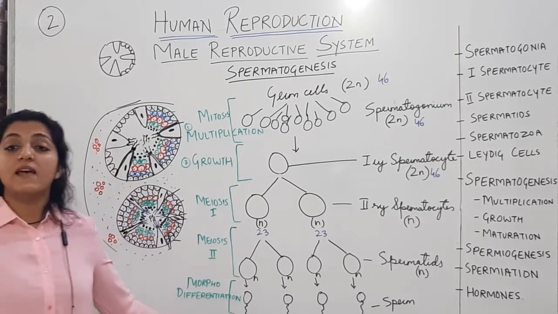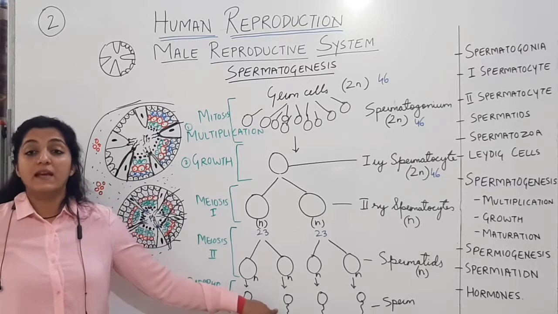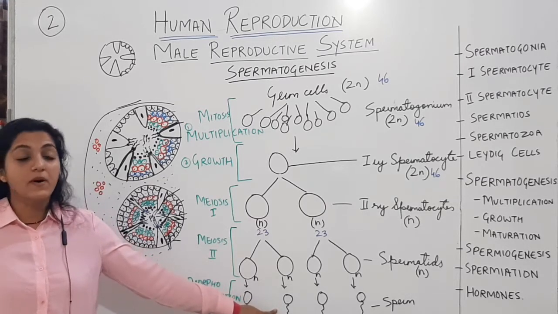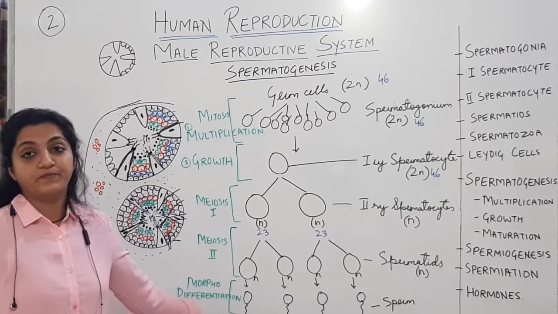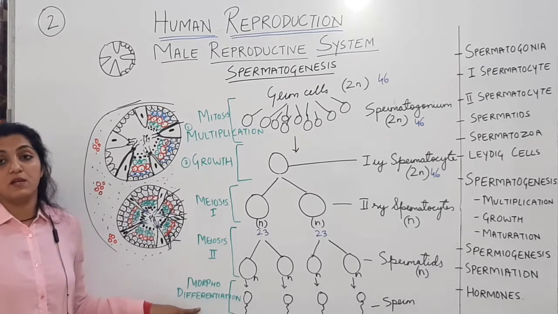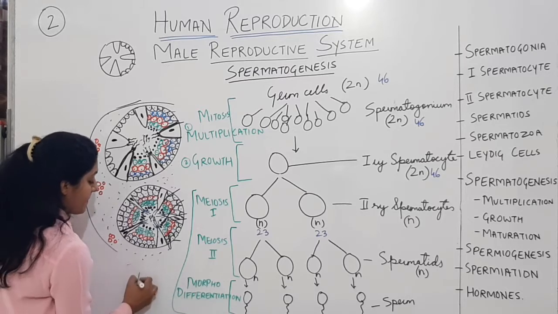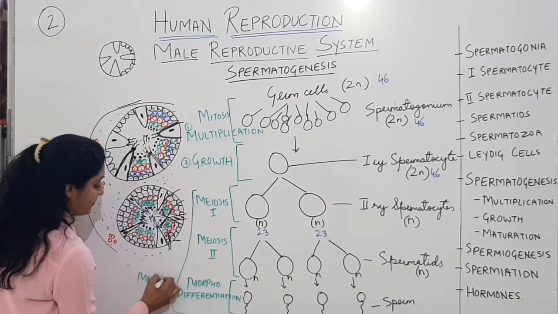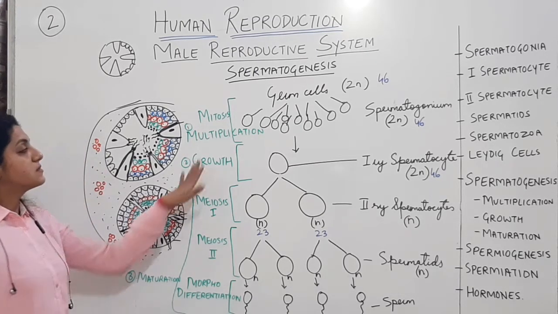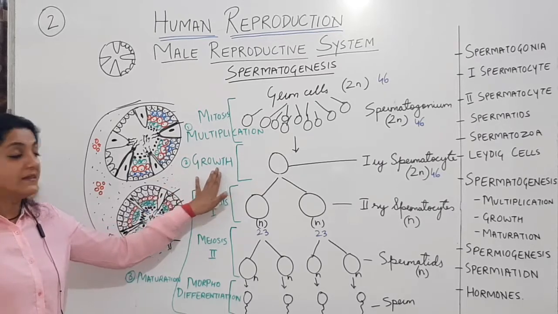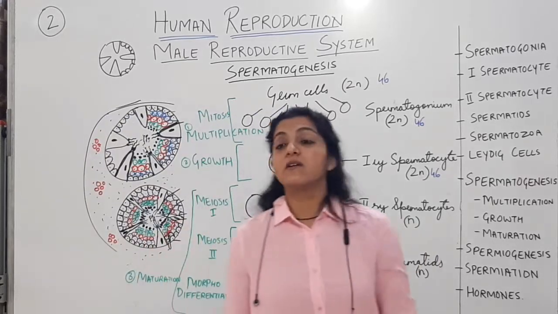They change in size, they change in shape, and they get the shape of the human male sex gamete. That is the sperm. We will discuss this structure of the sperm in detail. So ये हुआ है morphodifferentiation. So this comes in the maturation phase. This is number 3. First is multiplication, then is growth, and then is the maturation. You have to remember maturation phase में 2 बार meiotic division हो रहा है.